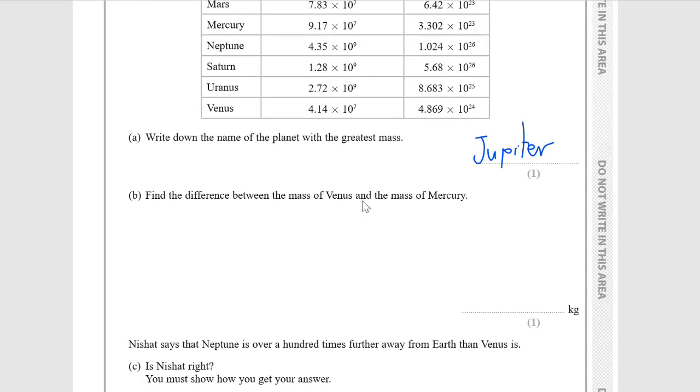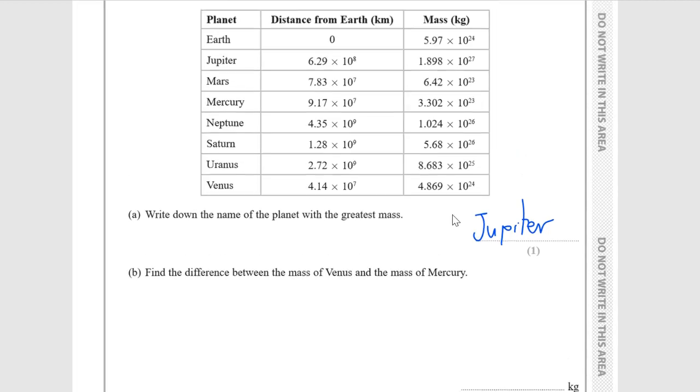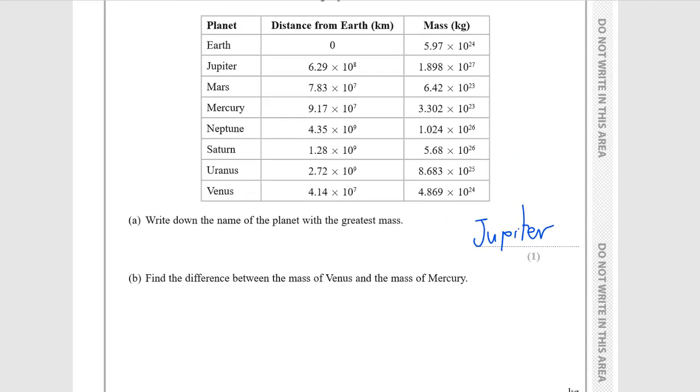Find the difference between the mass of Venus and the mass of Mercury. So the mass of Venus, it's here, 0.869 times 10 to the 24, subtract Mercury, 3.302 times 10 to the 23.